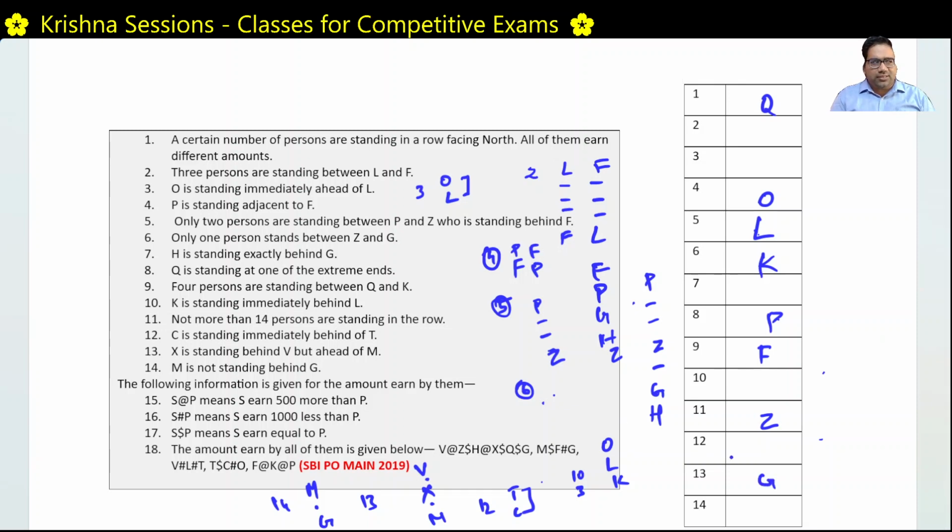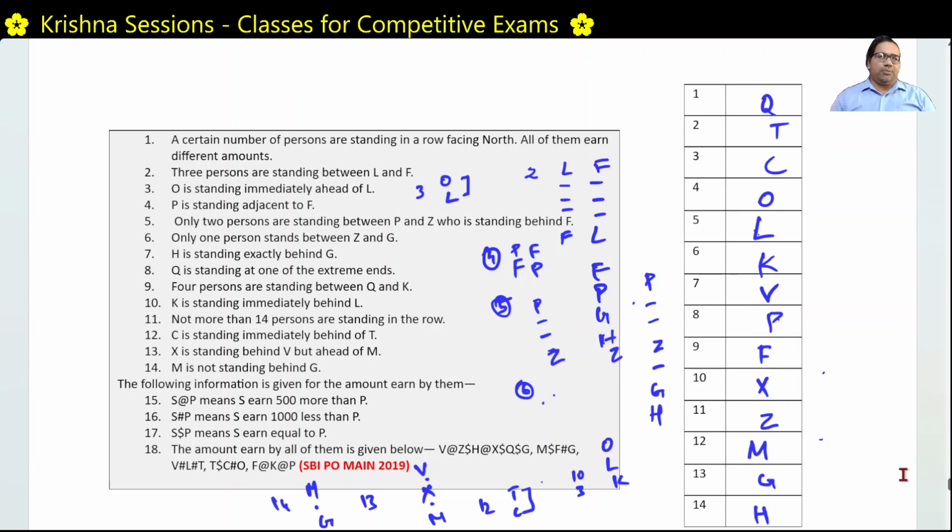If G becomes this, G is immediately above H, so H becomes this. Now T and C have to be together as per condition number 12. So there are no options. T and C have to be together. That is this T, this and C. Now, where's one more condition? V, X, M. V is above X is above M is above G. So what does that mean? M is this, X is this, V is this.